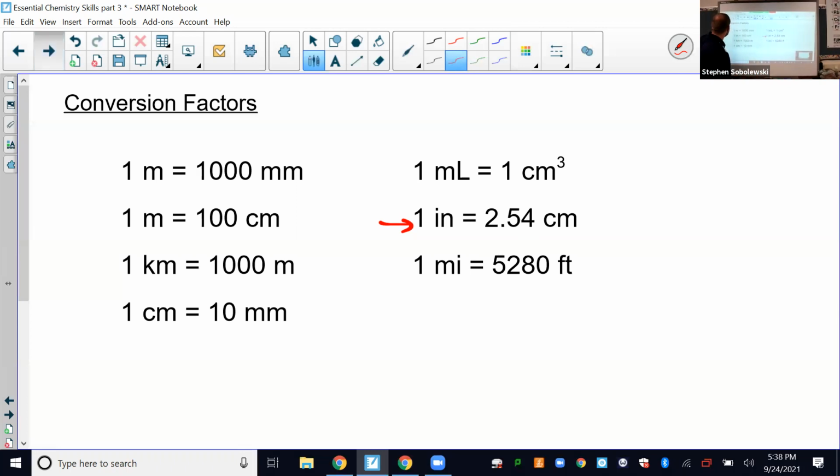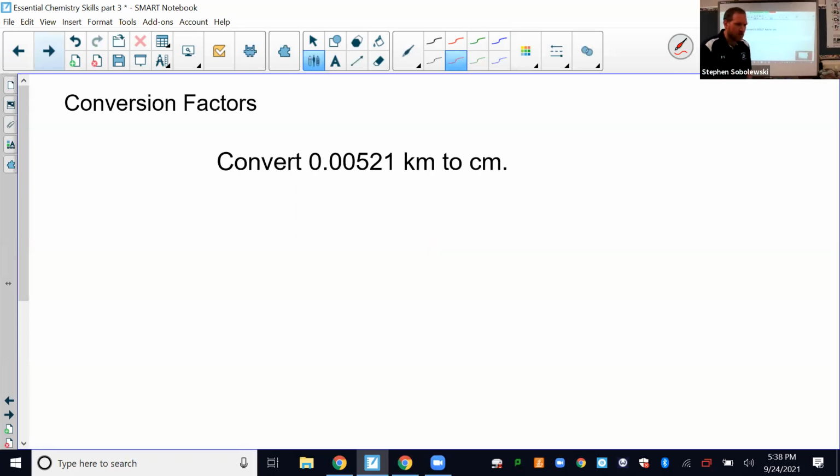Okay, let's go with an example, and I'll show the process through this example. Convert 0.00521 kilometers to centimeters. Now, I know some of you are saying, hey, I remember learning this. Can't we just sweep the decimal point? Yes, you can. That works for this particular problem because you're working with one of those King Henry died by drinking chocolate milk prefixes.